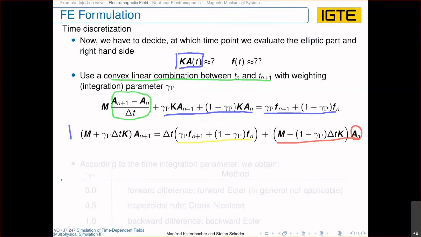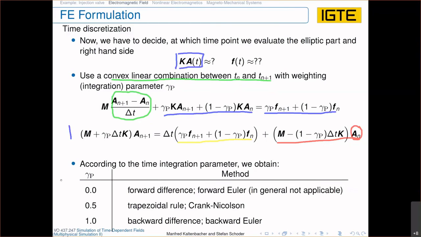So we have different possibilities to choose for this gamma p. If we put gamma p equal to 0, you immediately see what happens, because I just write it here. You see if gamma p is equal to 0, our system matrix is just made up of the mass matrix, because the stiffness matrix K is scaled with 0.